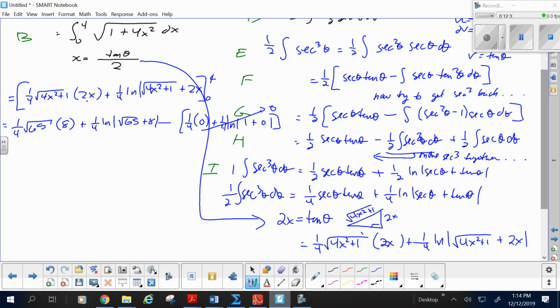Cool. So our answer is 4, nope, 2 root 65. It would be a real shame to screw up based on that. 2 root 65 plus 1/4 log of root 65 plus 8.